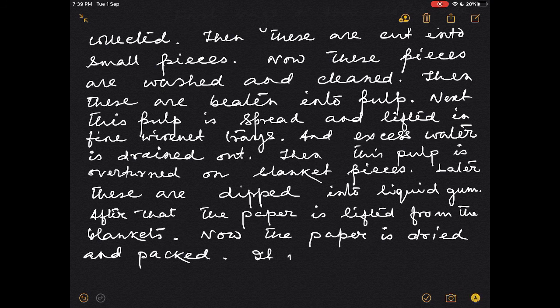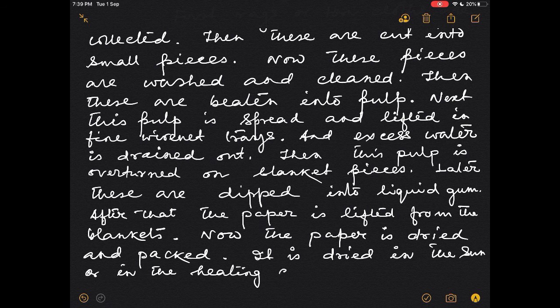It is dried in the sun or in the heating chamber.